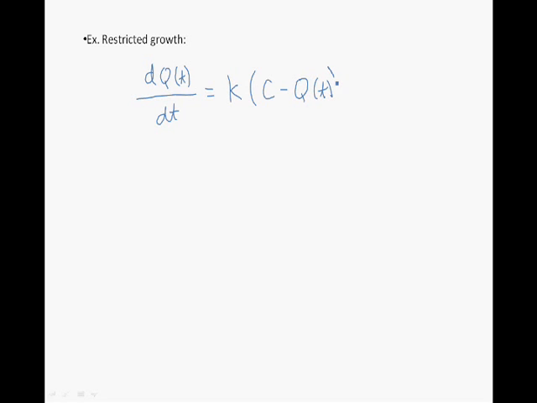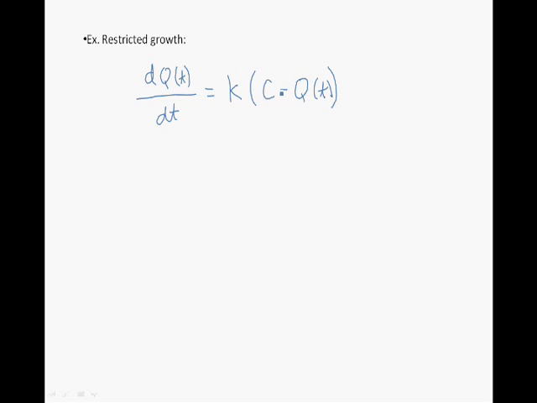Another model for population growth is called restricted growth, and the differential equation for restricted growth is the following. Again, you have dq(t) over dt, which is equal to k times c minus q(t). Therefore, the rate of change is proportional to a constant c minus q(t).